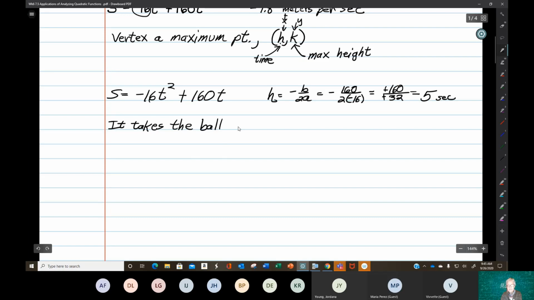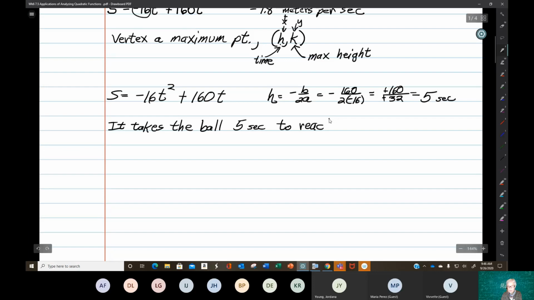It takes the ball 5 seconds to reach its maximum height.